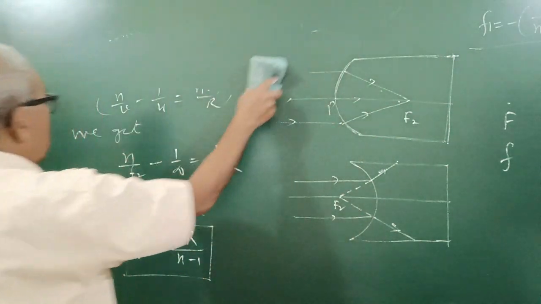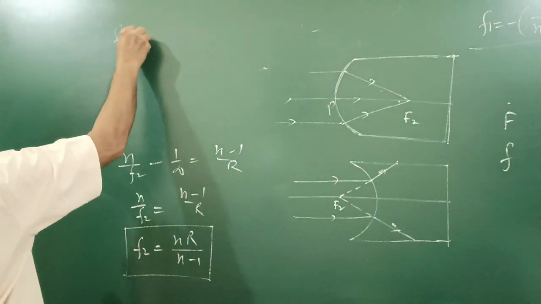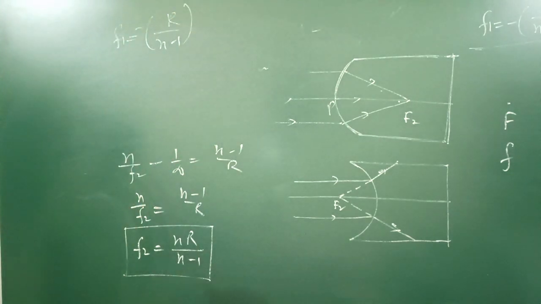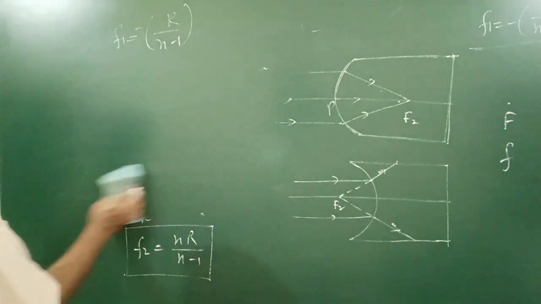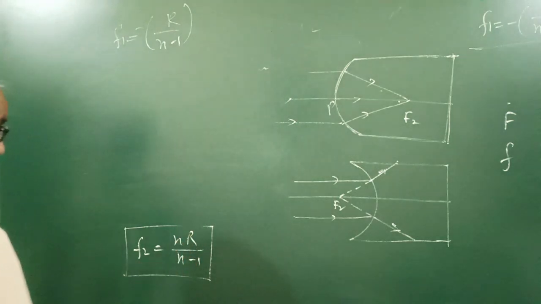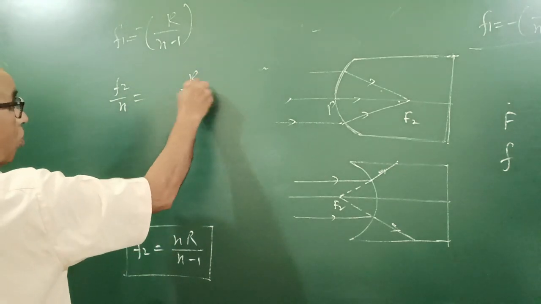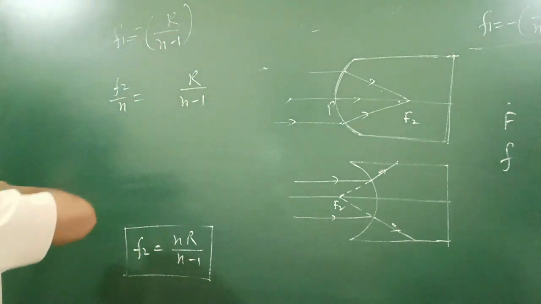So if you see the first focus, I have written there f1 is equal to minus r upon n minus 1. If we compare this, f2 upon n is equal to r upon n minus 1. From here r upon n minus 1 is minus f1.